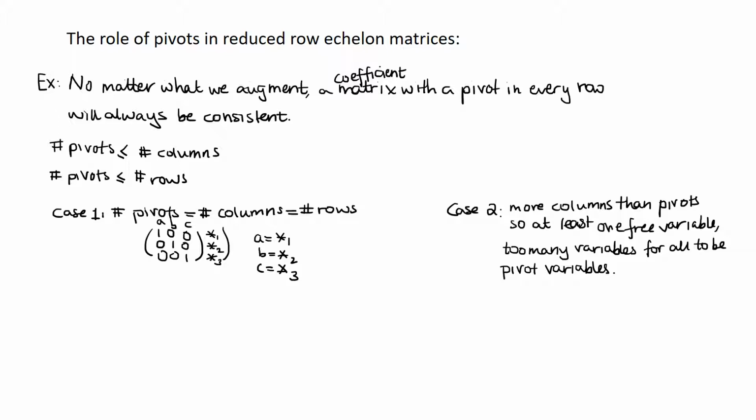Okay, so the consequence of this is that every equation in our system is going to have the form that comes from a pivot variable being written as a function of free variables.